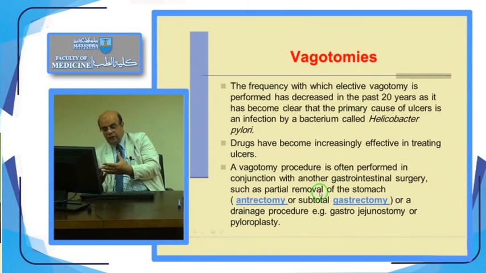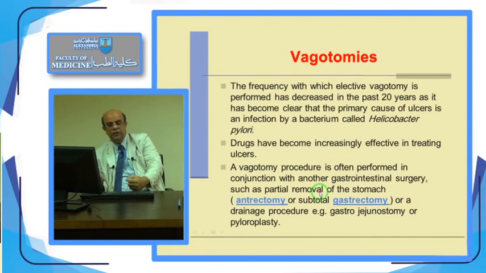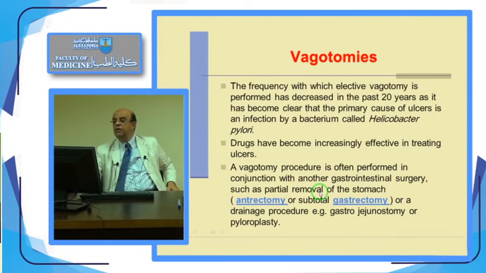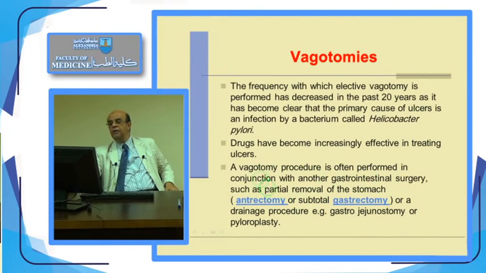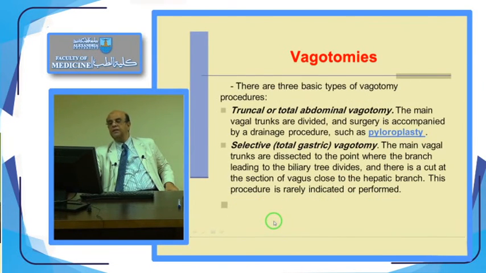So if we cut the vagus trunk itself, we have spasm of the pyloric sphincter, and the stomach does not evacuate its contents. This is why when we do a truncal vagotomy, a main vagotomy, it should be done with a drainage procedure, which could be an antrectomy, gastrectomy, gastrojejunostomy, or a pyloroplasty.